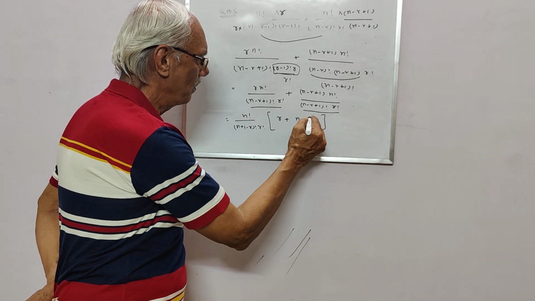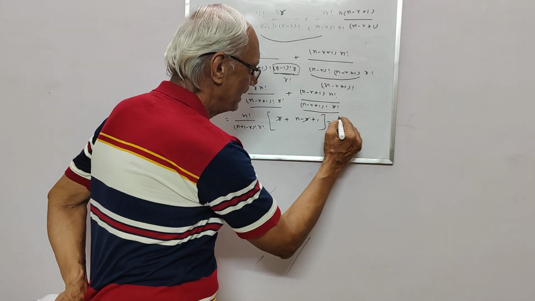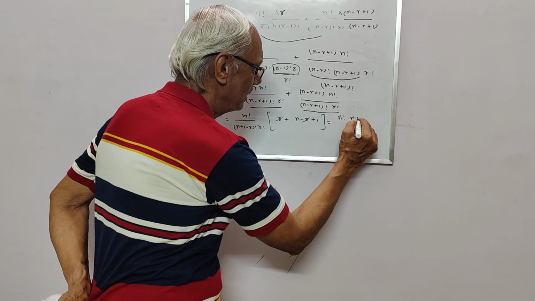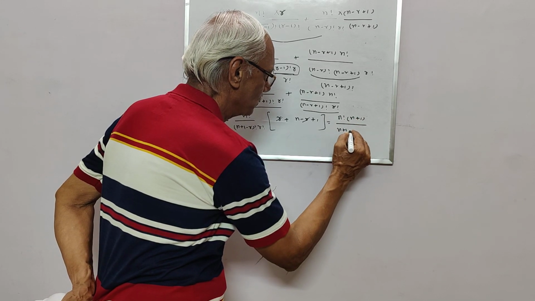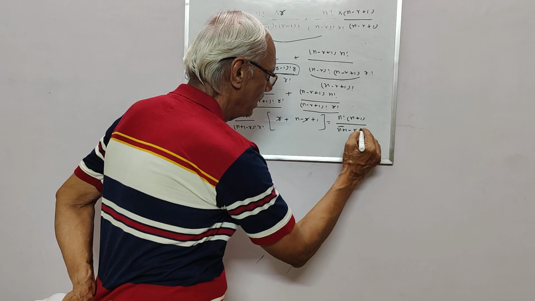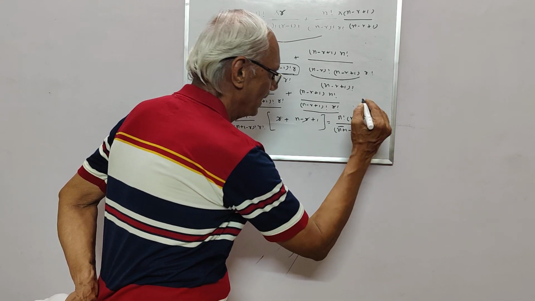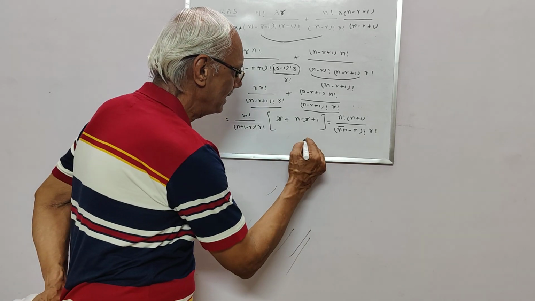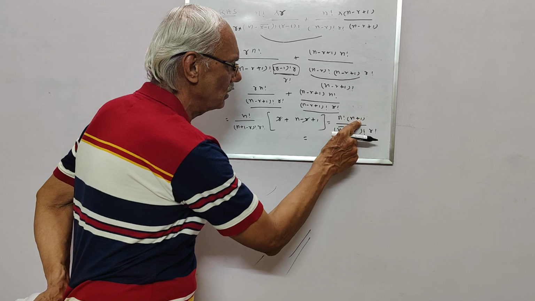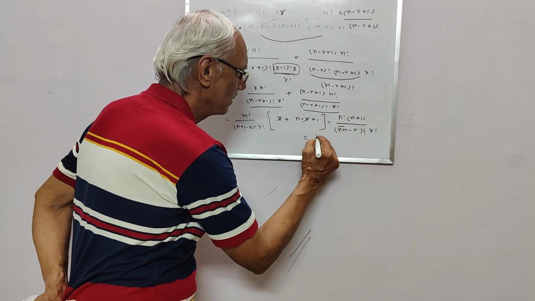Now you see that minus r and plus r will get cancelled, giving you n factorial into n plus 1 divided by n plus 1 minus r factorial into r factorial. So this is what you have here. So as I told you, n factorial into n plus 1, what is it equal to? n plus 1 factorial.